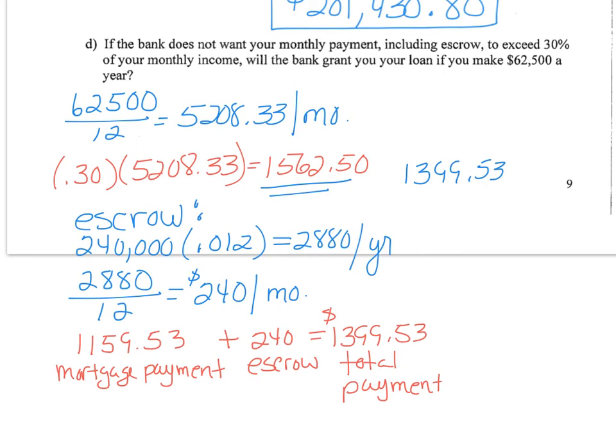You're right, it's less than $1,562.50, which means since I'm not exceeding 30% of my monthly income, okay, because it's less, and that's a point. So, yes, the bank will grant the loan.